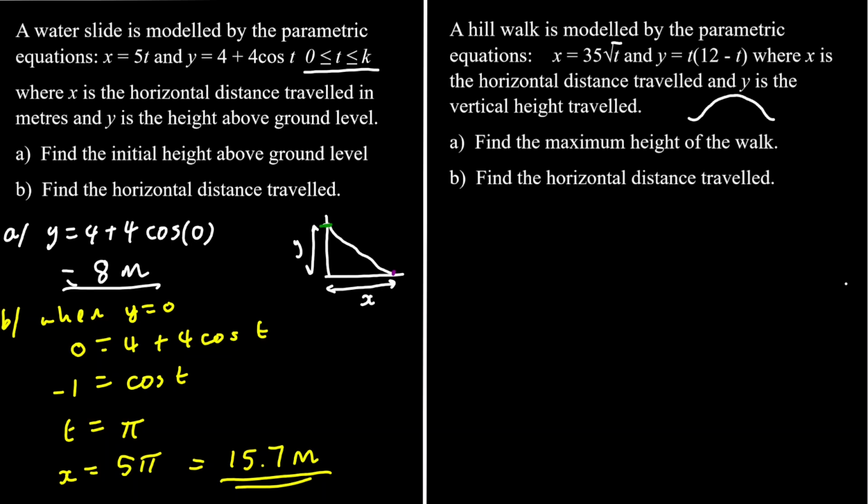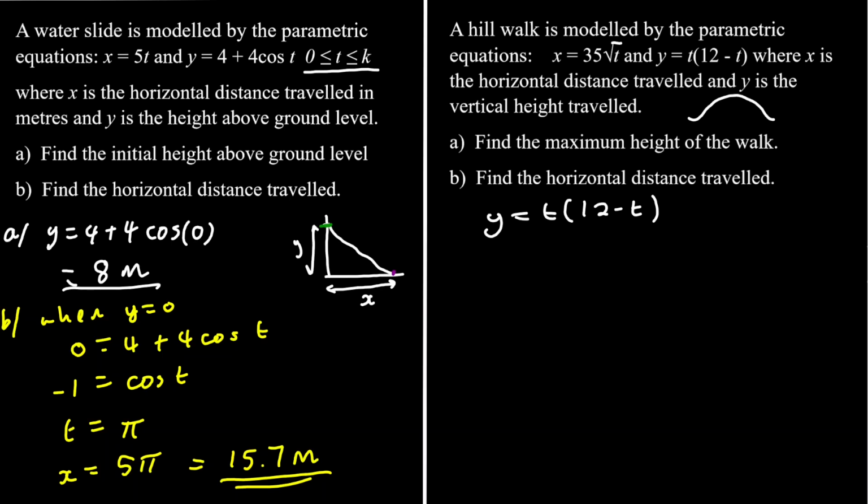Find the maximum height of the walk. So the maximum y can take. So y equals t times 12 minus t.